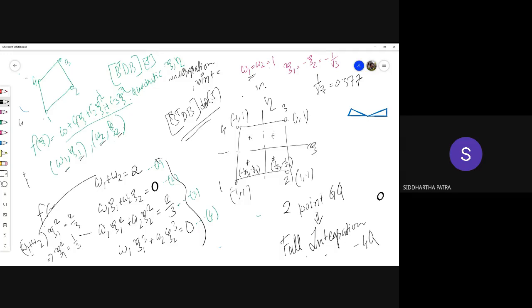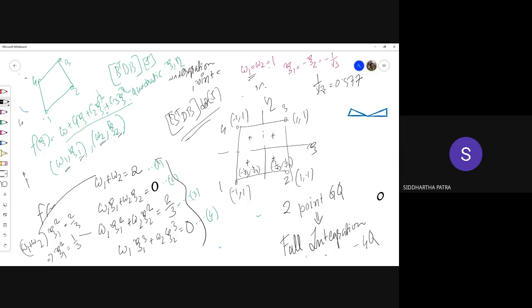Because you see, you could also use the single point Gauss quadrature for 4-noded quad element. No one is stopping you from using a single point Gauss quadrature for a 4-noded quad element. The process only remains the same. But the thing is, you'll never be getting exact solution.